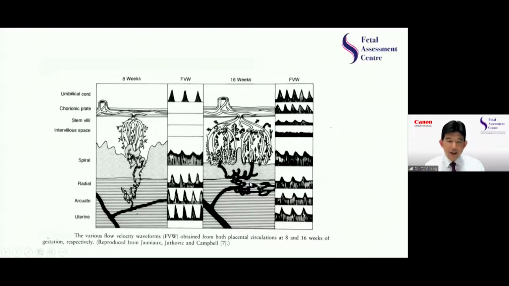And if there's a failure of this trophoblastic invasion of the spiral arteries by the 16th week, then we assume and we believe that the pathology of FGR has already been set, and we see the clinical manifestations weeks and months later.